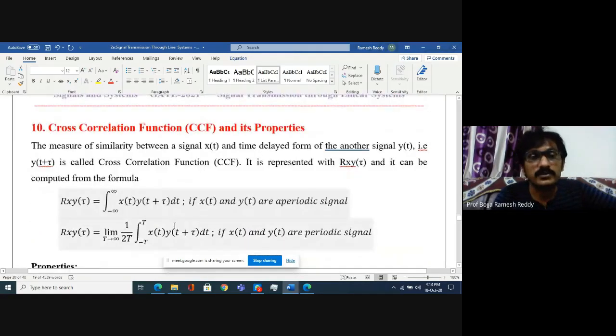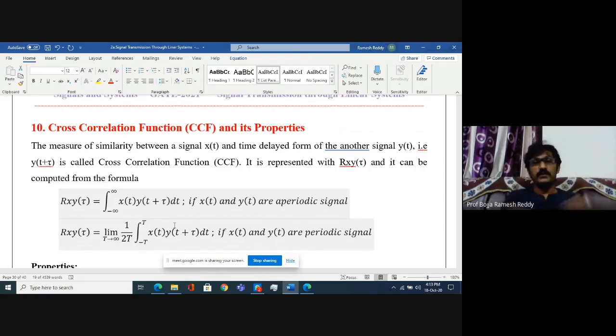Now the last topic, cross correlation function. Suppose we have a system with input x of t and output y of t, and our task is to compare input and output. How to compare?